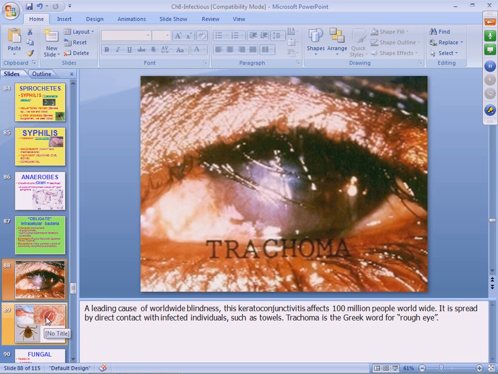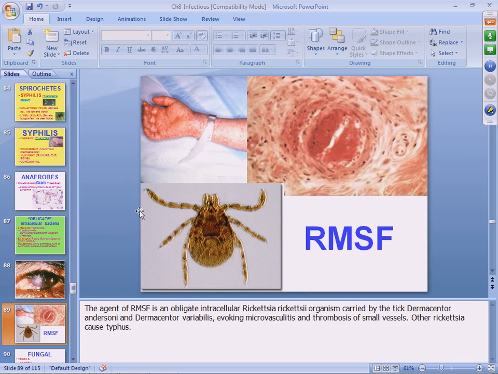Here's another obligate intracellular bacteria causing primarily a small vasculitis. And of course, a small vasculitis might not sound terribly bad, but what if it's widespread? What if it's in the brain? What if it's in the kidneys?